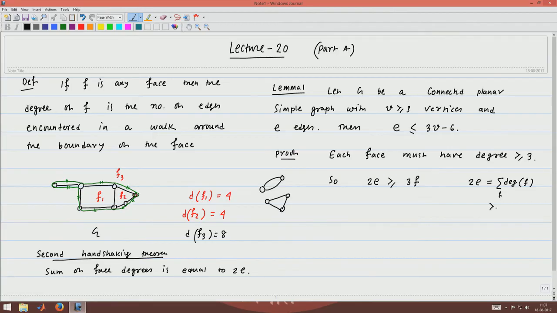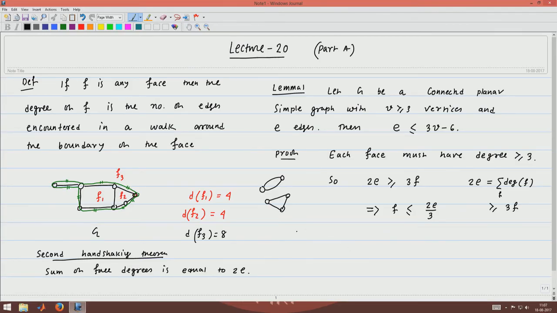That is why twice E is greater than or equal to 3F. So 2E is greater than or equal to 3F, which implies that F is less than or equal to 2E by 3.